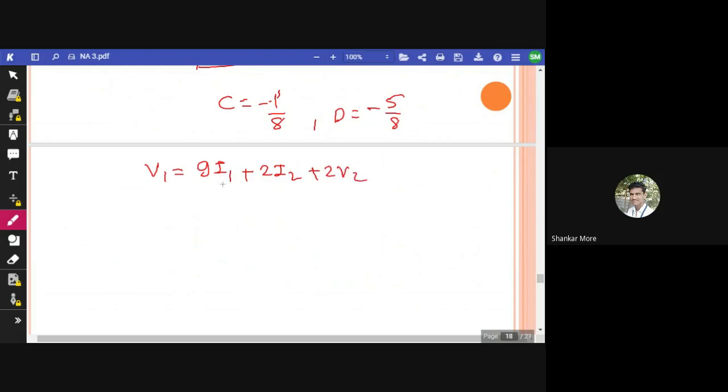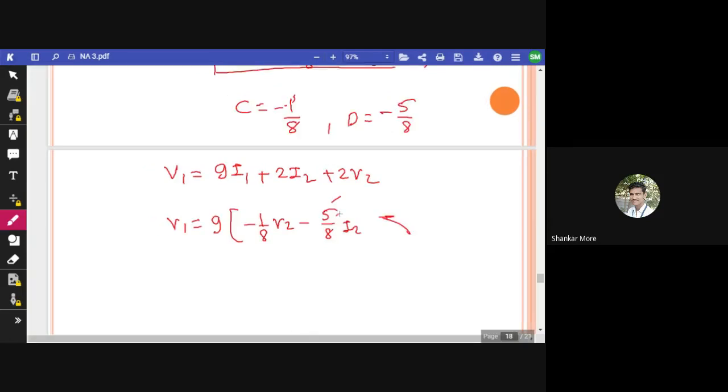So I1 is not necessary. So what we are going to do? We are going to replace it. So V1 is equal to 9 as it is. In place of I1, I will write minus 1 by 8 V2 plus 5 by 8 I2. All right. Should be like this.